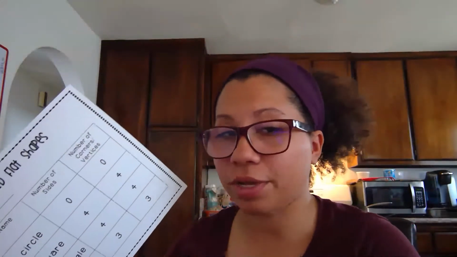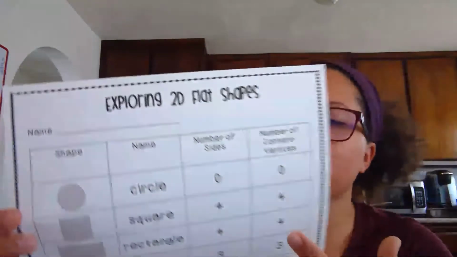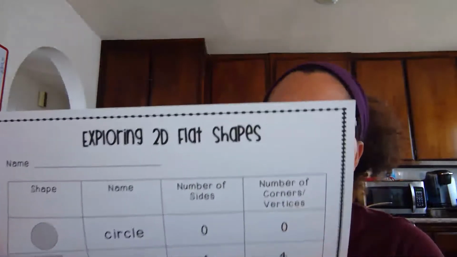It's when we get to the 3Ds that it gets unfamiliar, because we're going to be talking about the number of sides and the number of vertices.